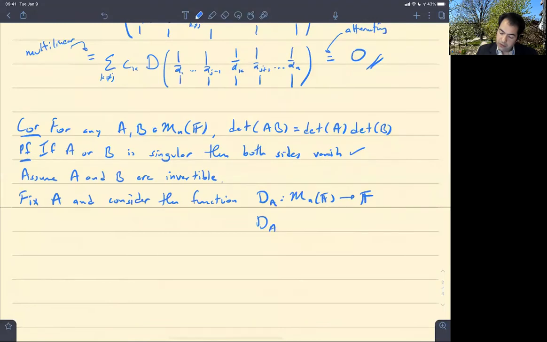And what this does is you give me a matrix B, any matrix B, and I give you back the determinant of A times B. Okay, so let's think of this as just a function of arbitrary matrices.